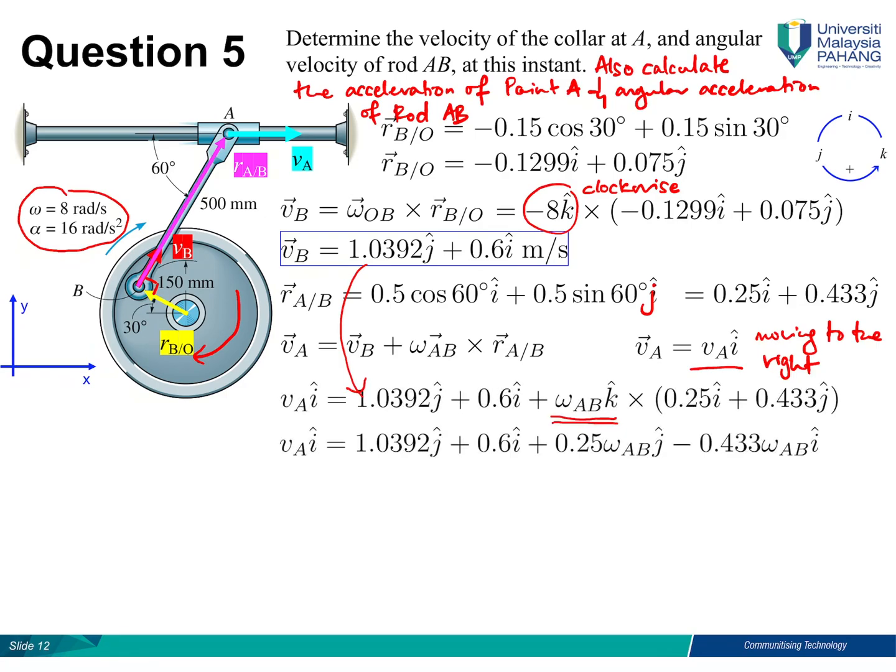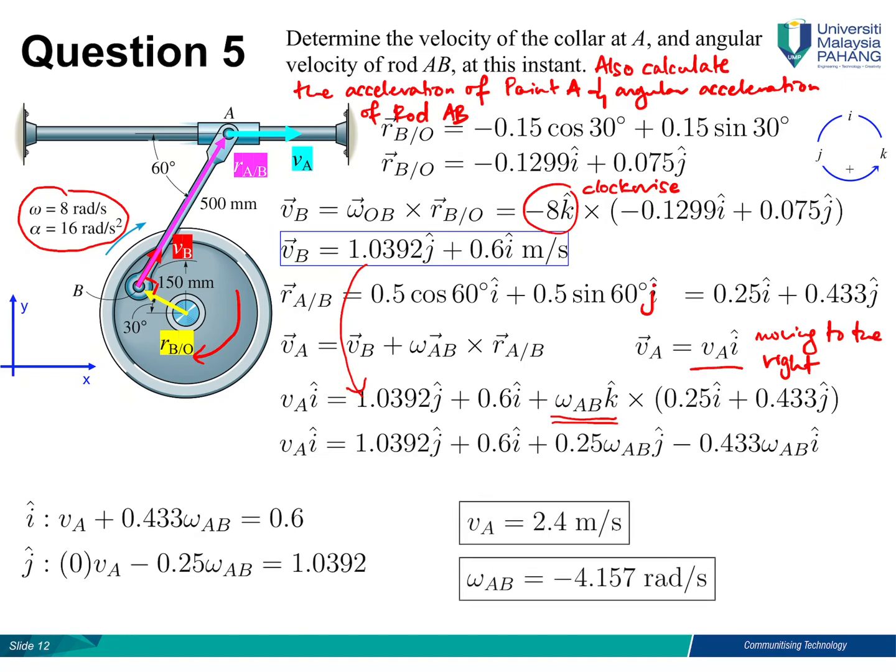Okay, then we have this, and in the end we separate into IJ components, and finally we have VA equals 2.4 meters per second. Omega AB is minus 4.157, which means that omega AB is actually rotating clockwise. So this is omega AB, right?